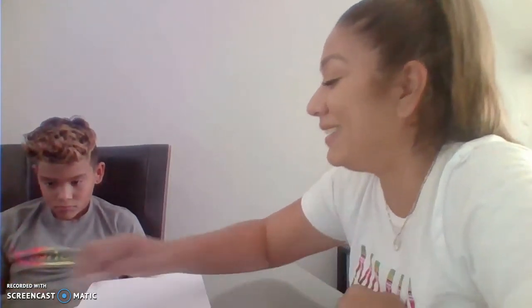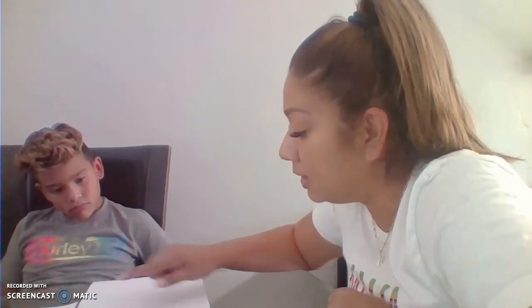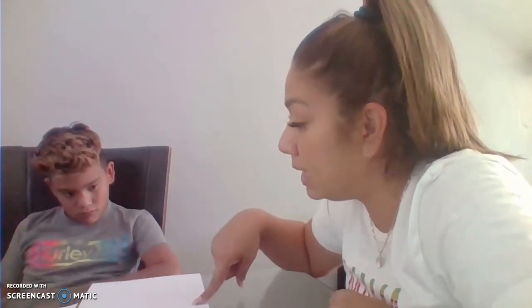You're doing so good. All right, one more. So we have the number 20 and we have the number 21. Let's see if you can get this one. 20 and 21. Is 20 less than, greater than, or equal to 21? It's equal. Are you sure? Let's look at our number line. We have 20 right here and 21.